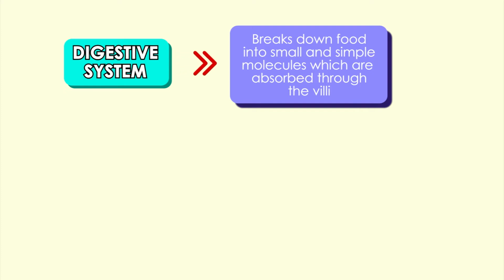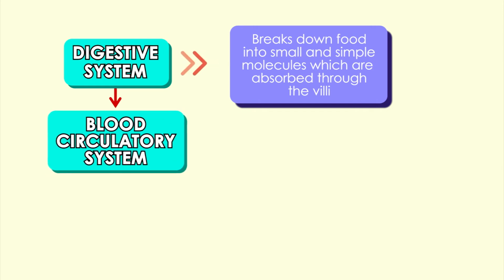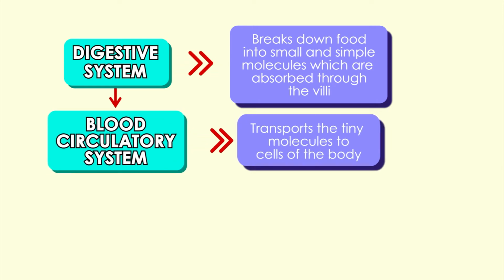After absorption at the villi is completed, then the blood circulatory system will take over. The blood transports the small and simple molecules of the digested food to all parts of the body. And lastly, the end products are distributed to the cells through the assimilation process.